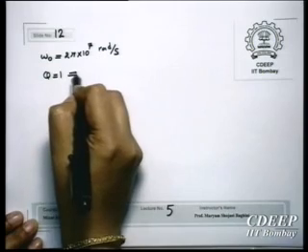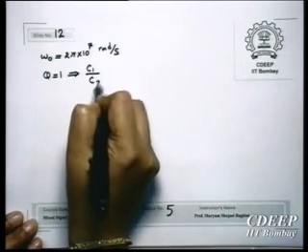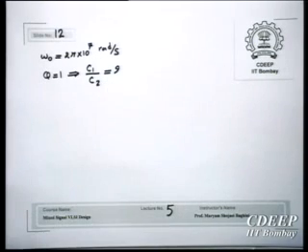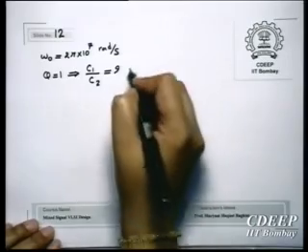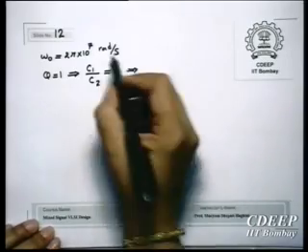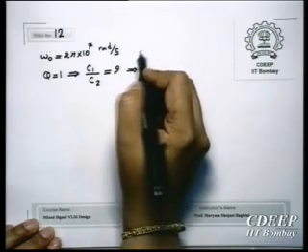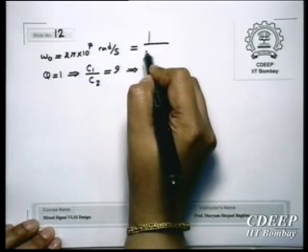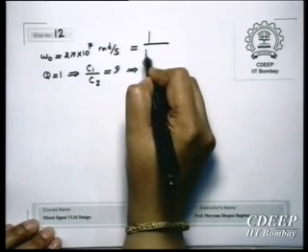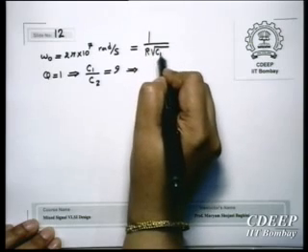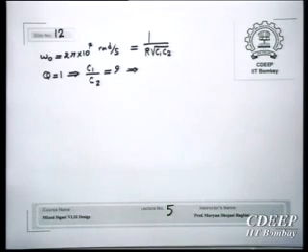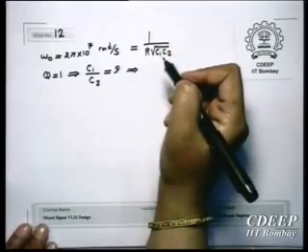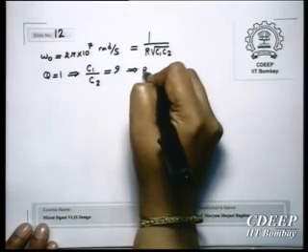So from here, we get ratio of C1 upon C2 to be equal to 9. And therefore, from here, we will replace omega 0, which was this ratio, 1 upon R square C1 C2. Right? So then from here, we get value of R C2.